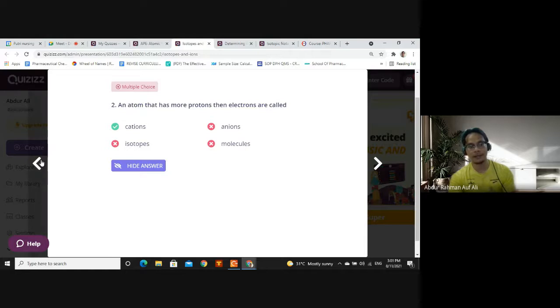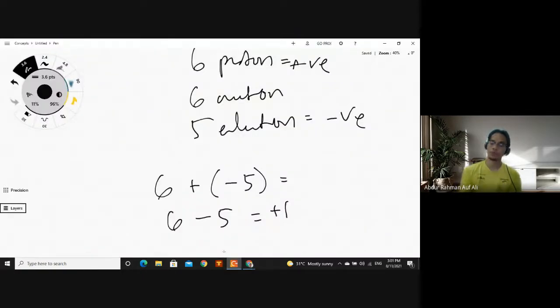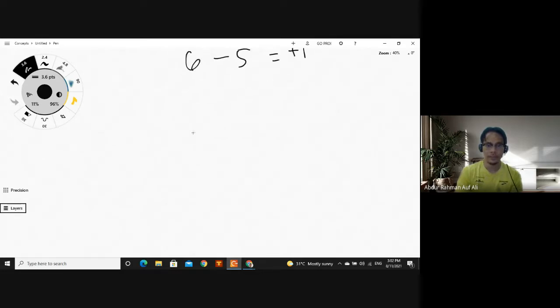So these are the terms that we use to describe positively or negatively charged atoms. An atom can be positive or negative, depending on the number of protons and the number of electrons it has. If it has more protons than electrons, it will be positively charged. If it has more electrons than protons, it will be negatively charged. And we have names for these atoms that are positively and negatively charged.